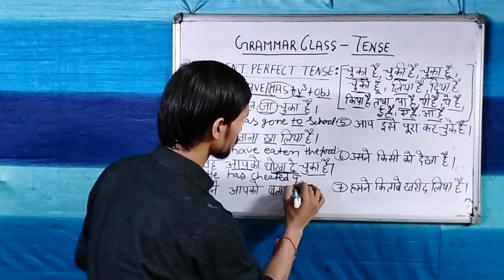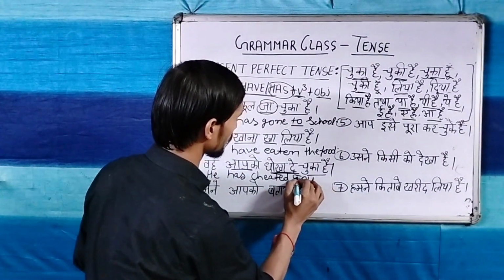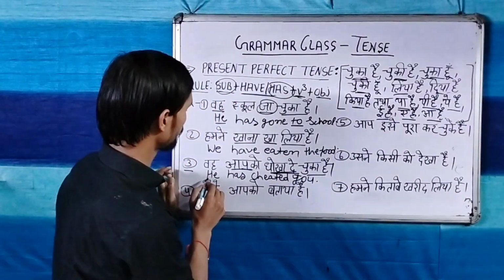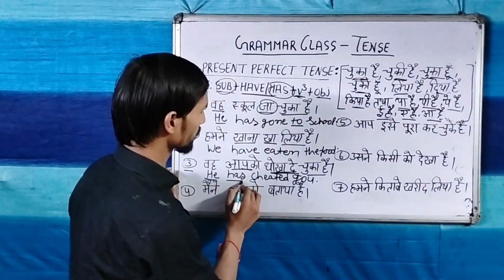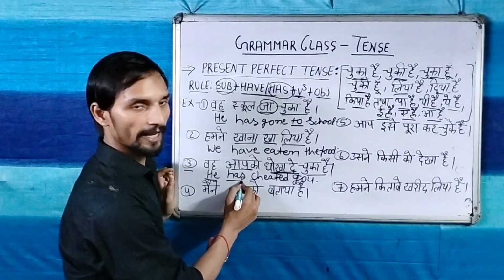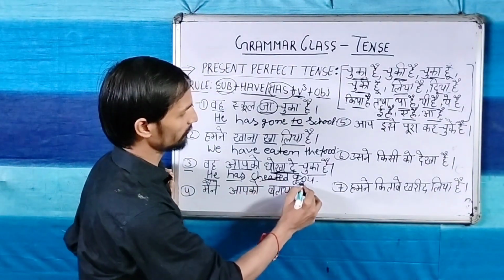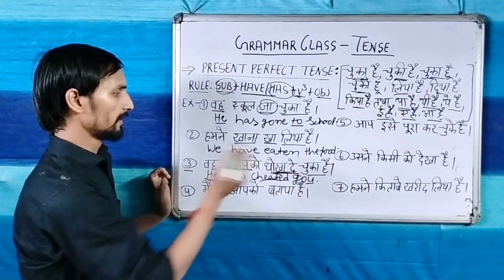Object you, he has cheated you. Now this sentence is complete. We have taken subject, after subject helping verb, after helping verb verb third form, and then after verb third form object.